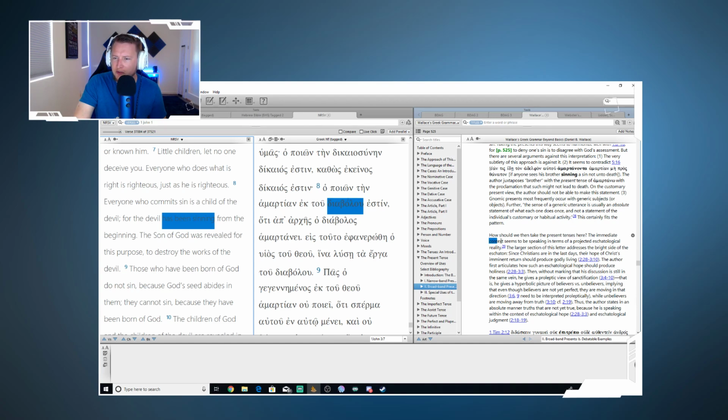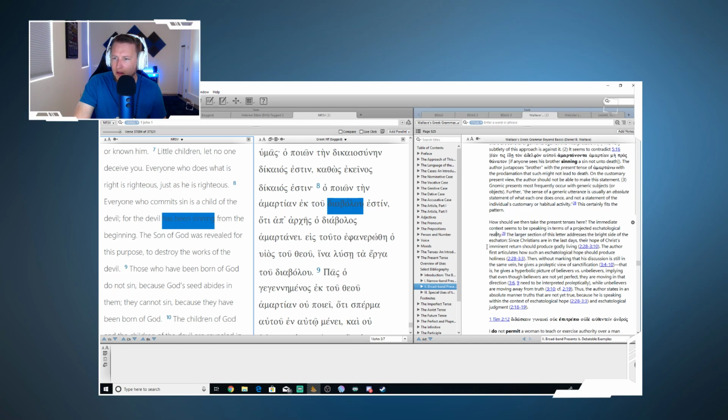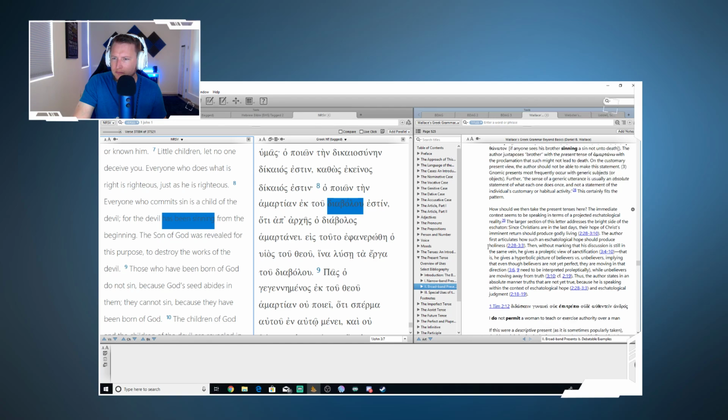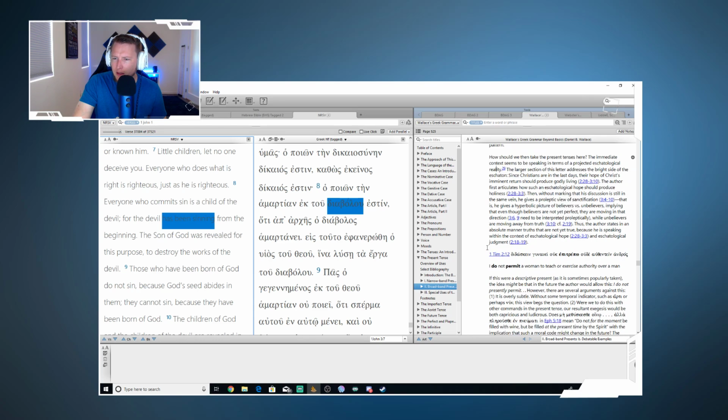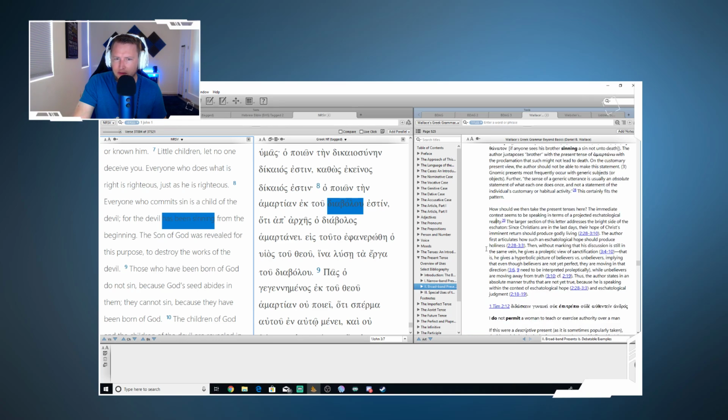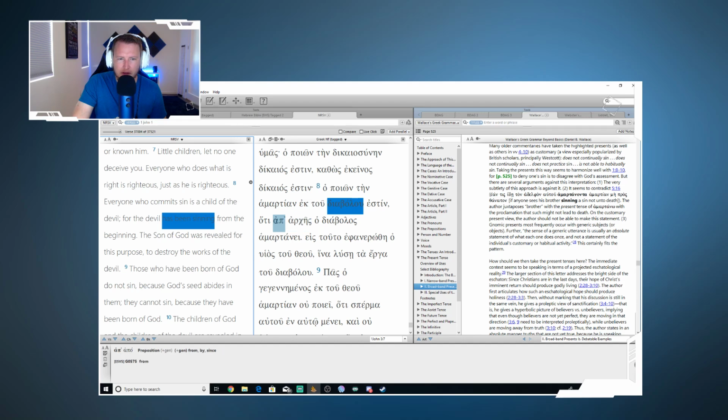The immediate context seems to be speaking in terms of a projected eschatological reality. The eschatological present. But it doesn't answer this.